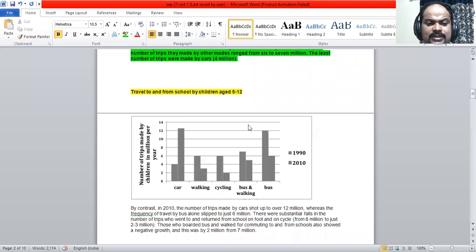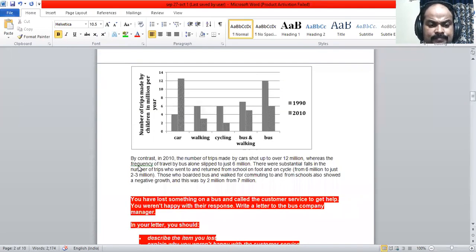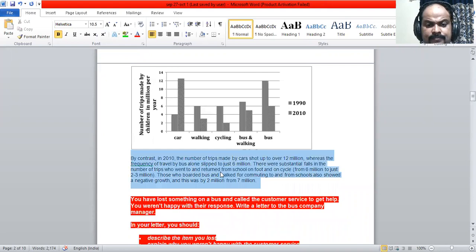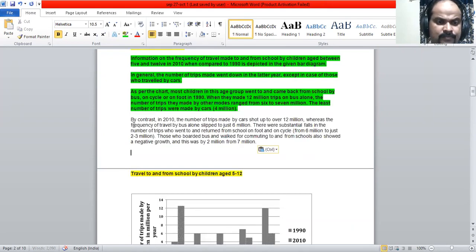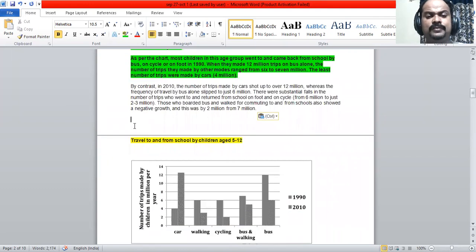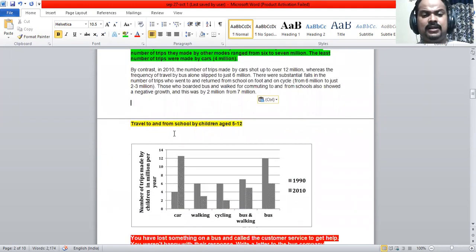Now I am going with the second paragraph. By contrast, in 2010, the number of trips made by cars shot up to over 12 million.